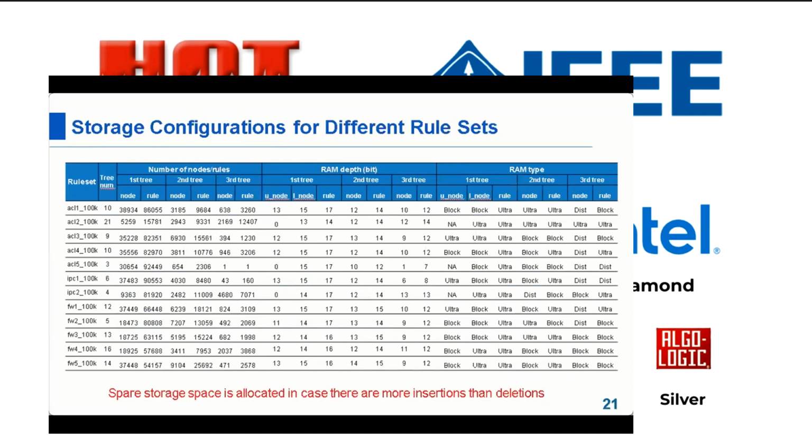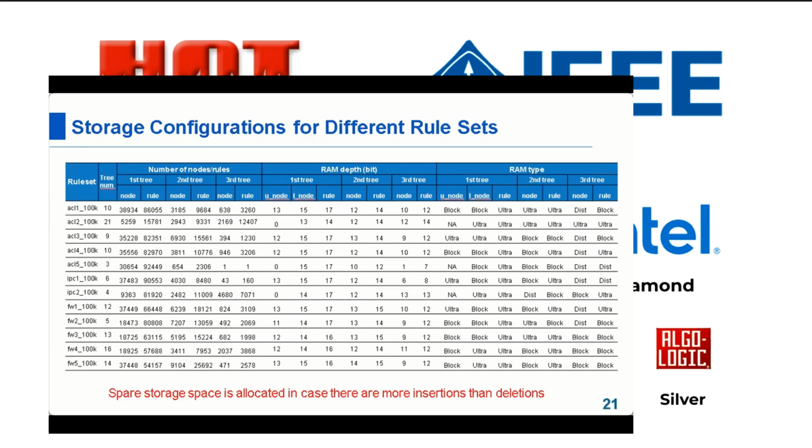Because of the distinct characteristics of each rule set, the resulting storage organizations are different. To achieve the optimal performance for a specific rule set, the hardware configurations for various rule sets have been customized and fine-tuned, which are listed in this table. It mainly shows the storage configuration of the first 3 trees, which contain the vast majority of rules.